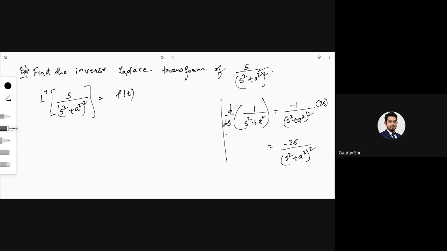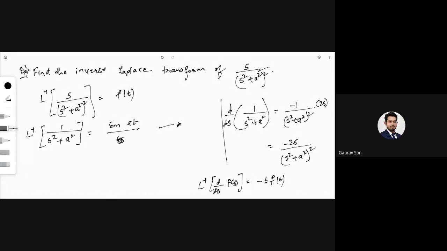So this I know. Okay, so by the property, Laplace inverse of d by ds of capital F of s is equal to minus t times f of t. This is our property. We know that Laplace inverse of 1 upon s square plus a square is equal to sine of at by a.